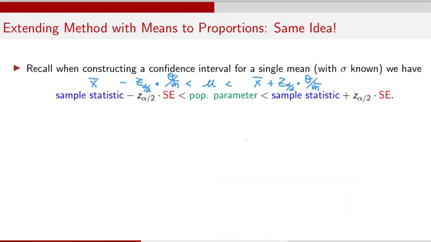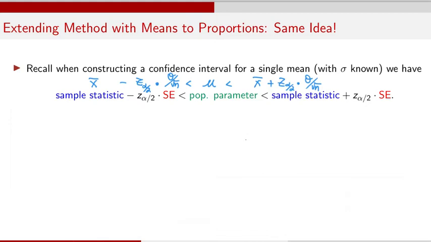And if we know the population standard deviation, then the standard error would be sigma divided by the square root of n. And the population parameter that we use this to estimate would be for a population mean, which we denote with mu. And recall that this standard error formula we get from the central limit theorem for sample means.